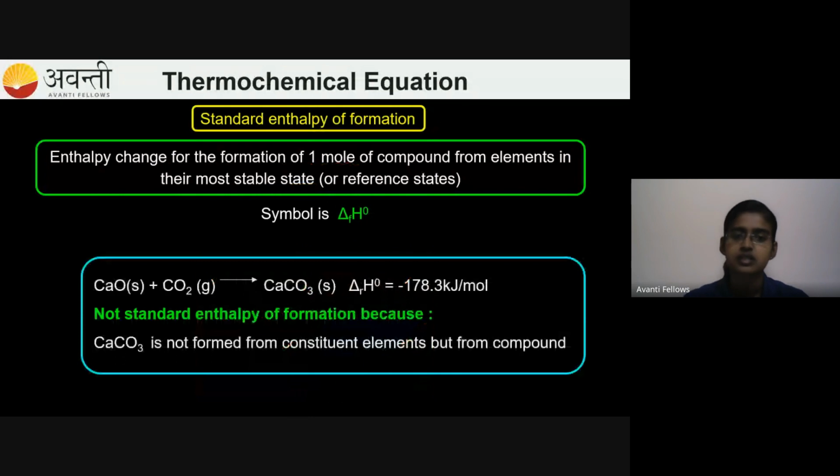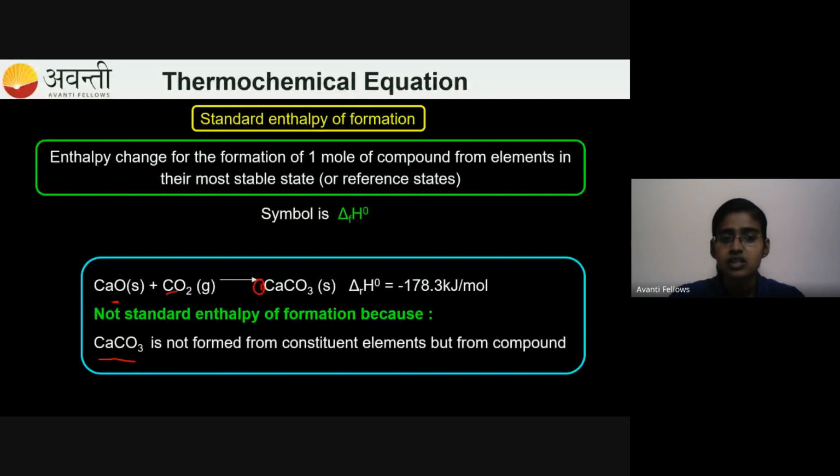So there is one reaction. Calcium oxide reacts with carbon dioxide to give calcium carbonate. Now, the standard enthalpy of formation cannot be calculated for this reaction. Only 1 mole of calcium carbonate is being formed.